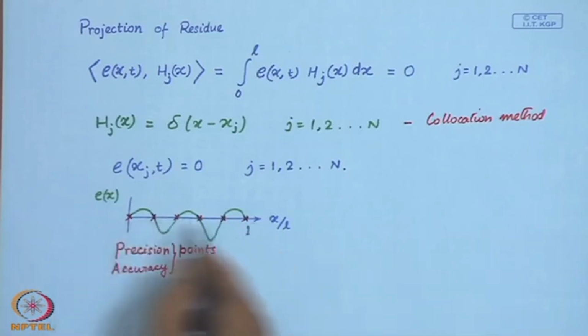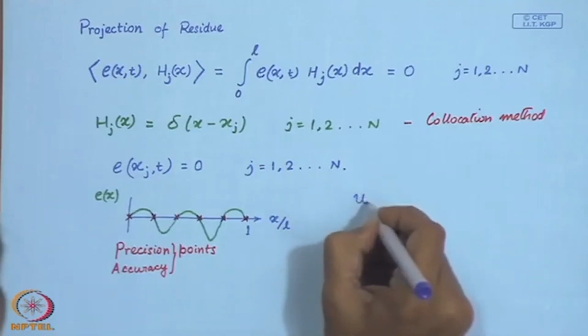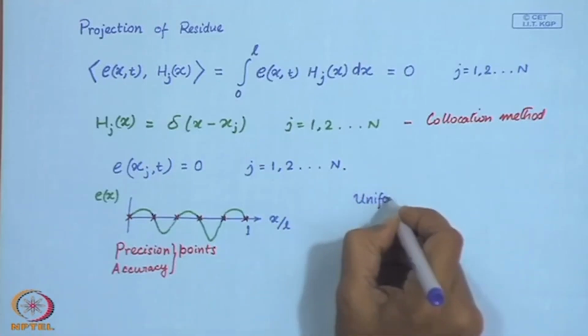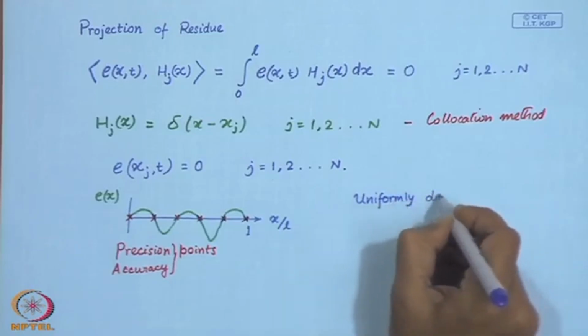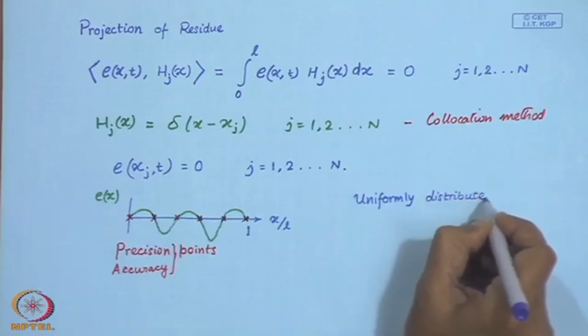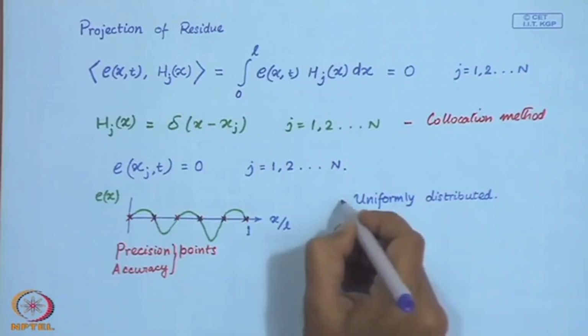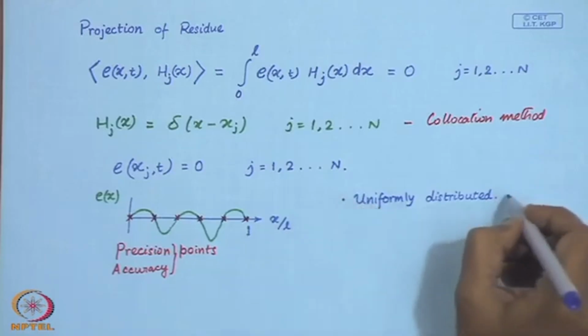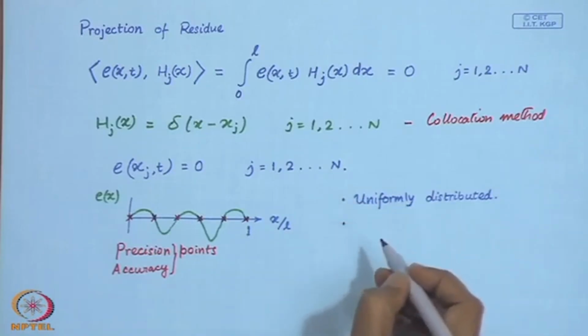They can be uniformly distributed, or there can be other methods of choosing precision points.